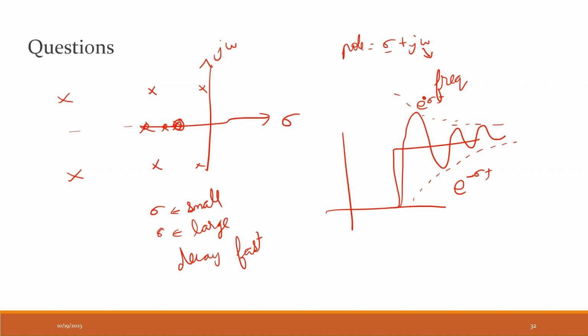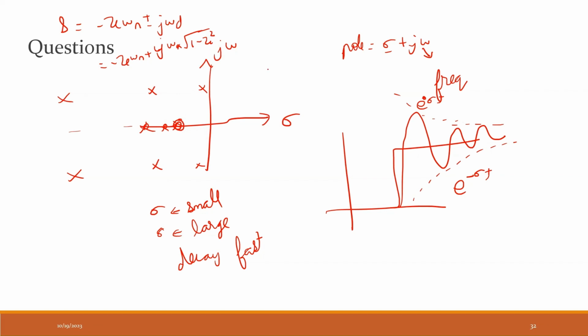Phase margin does not depend on this directly. Your pole is given by minus zeta omega n plus minus j omega d, which is minus zeta omega n plus j omega n square root of 1 minus zeta square.